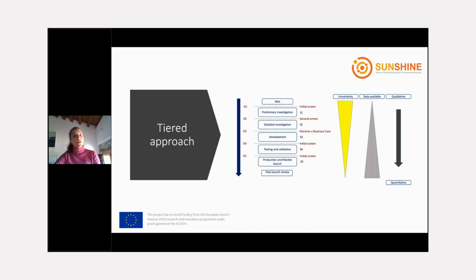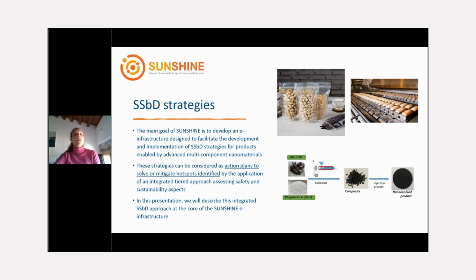When the process of product or material development is moving on, then more data are available. We have additional quantitative data that allow us to bring the assessment from a qualitative to a quantitative form. As already said, the main goal of SUNSHINE is to develop the infrastructure and to facilitate the development and implementation of SSbD strategies for products enabled by advanced multi-component nanomaterials.